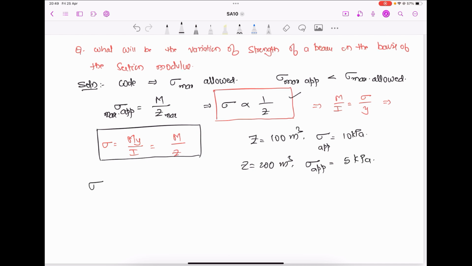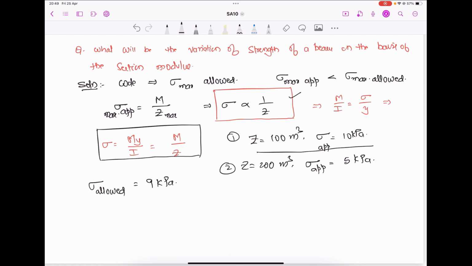My sigma allowed, let me say, is 9 kPa. In the first case where Z is equal to 100 cubic meter, my sigma applied is 10 kPa.